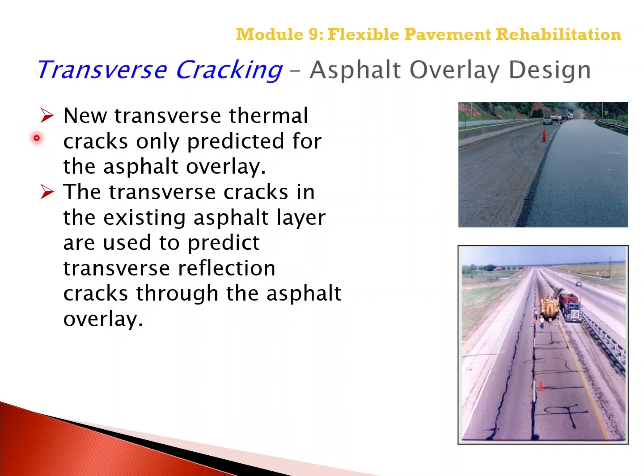The transverse cracks in the existing asphalt layer are used to predict transverse reflection cracks through the asphalt layer. So for the new overlay, only new transverse thermal cracks apply to this layer. The transverse cracks in the existing asphalt layers are then used to predict the reflection of those cracks through the asphalt overlay.